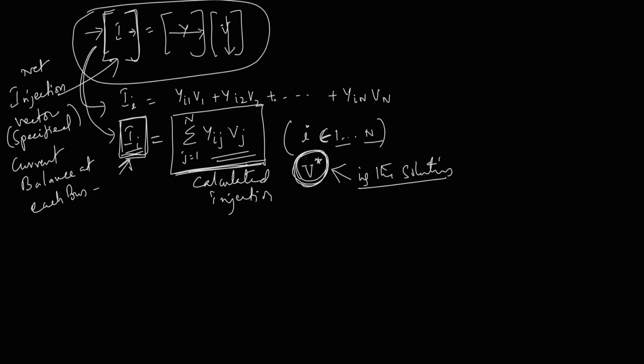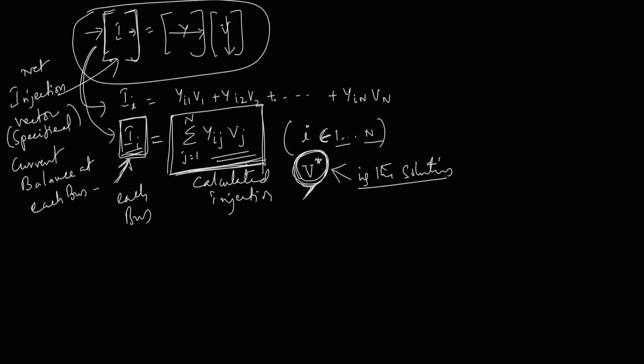I am looking after the current injection balance at each bus. At each bus, I am trying to see whether the specified injection of current into the bus is equal or not to the calculated injection.